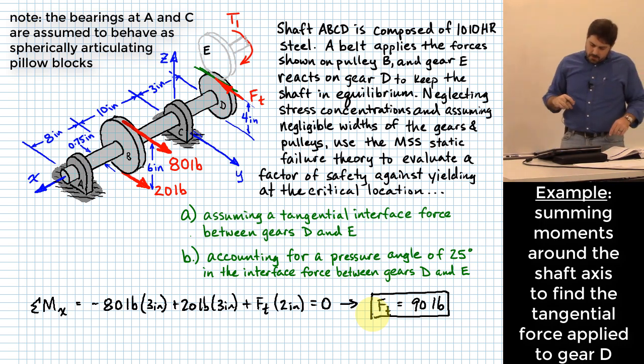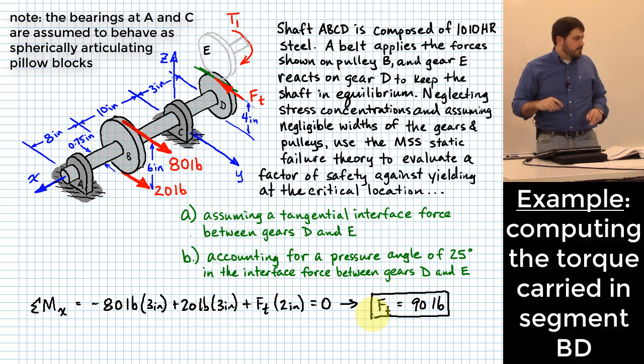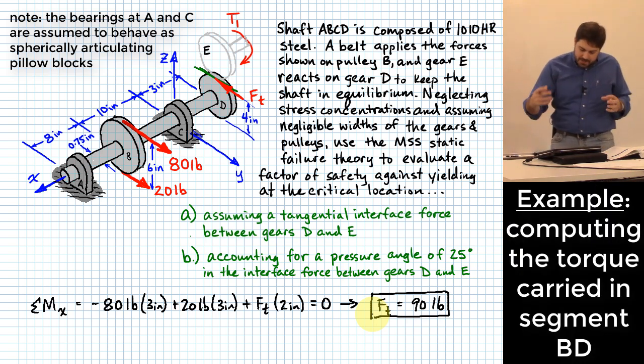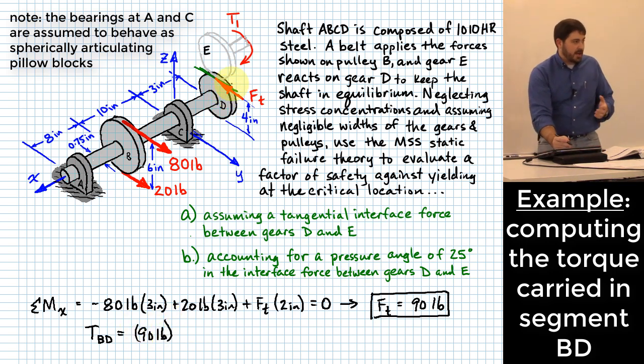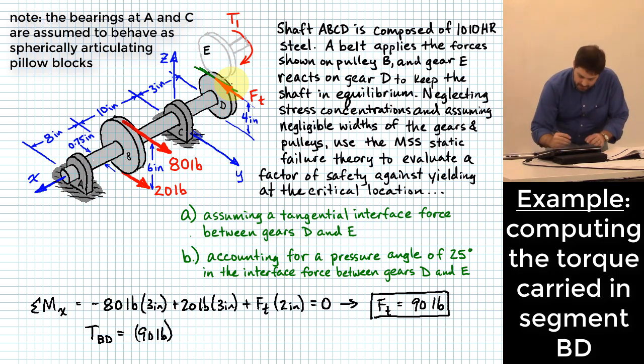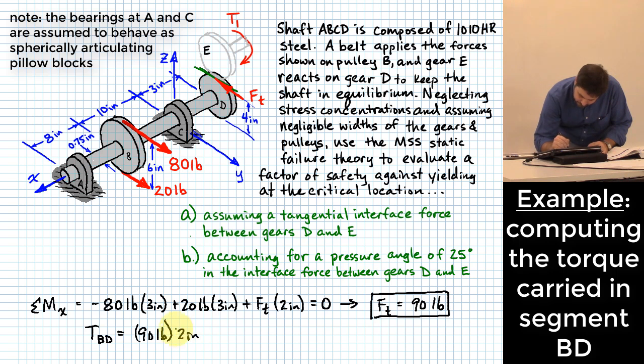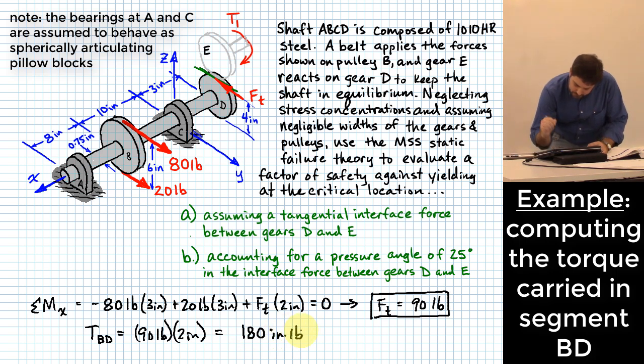Okay? But that's not torque just yet, right? What's the torque that exists from B to D? I'll maybe call it T sub BD. Right, 90 pounds. Basically what I'm going to do is multiply again by the radius of the gear where that 90 pounds is being applied, and that's just going to be equal to 2 inches. 180 inch-pounds.